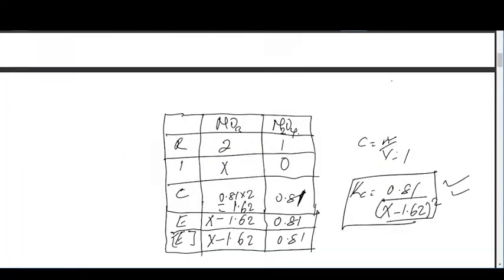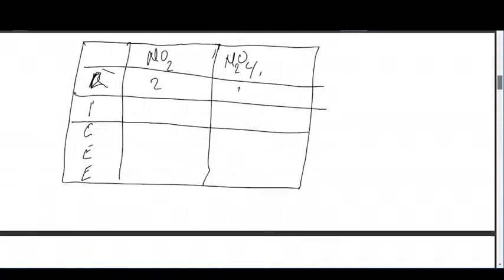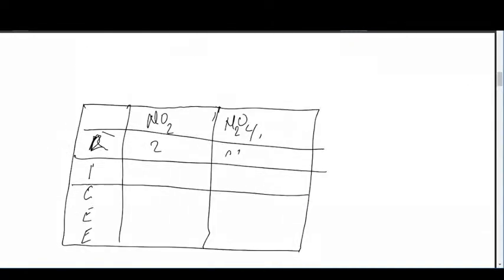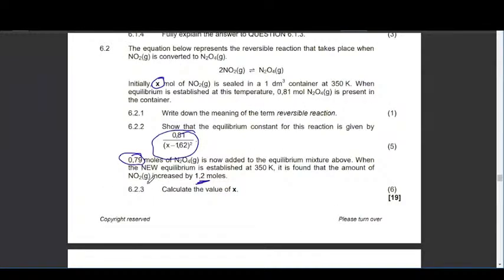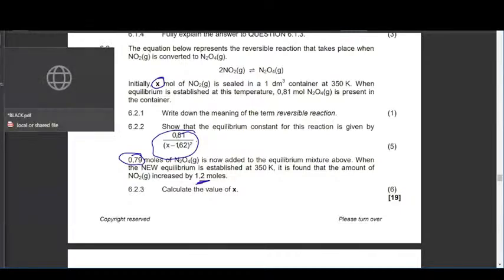So I'm going to say 0.81. So I started with 0.81 plus 0.79. So that's what I started with.